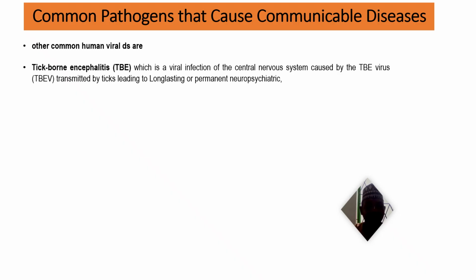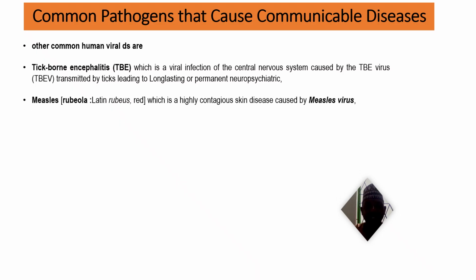We have tick-borne encephalitis, which is a viral infection of the central nervous system, where the virus is transmitted by ticks, leading to long-lasting permanent neuropsychiatric problems. We have measles disease, which is caused by the measles virus, a contagious skin disease.